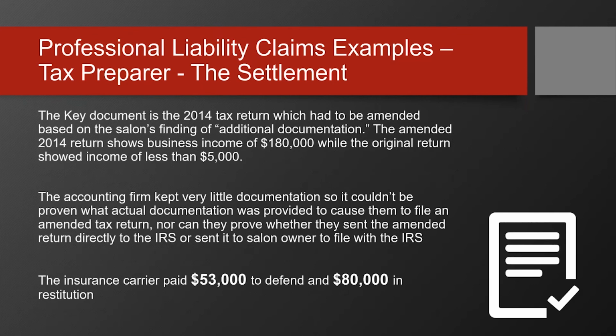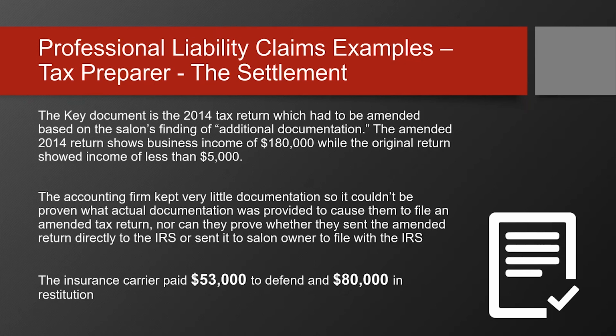Without having the documentation, the IRS said, hey, you still owe these taxes, and there were fines and penalties assessed to not only the tax preparer, but to the salon itself. So the E&O form pays for financial loss caused by your client.